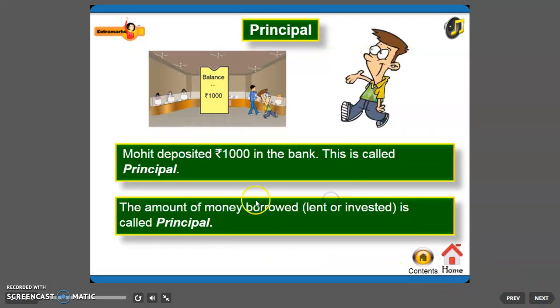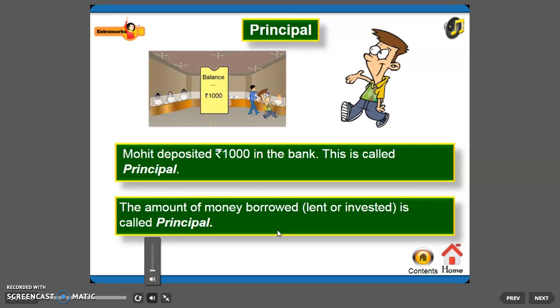So what is principal? The deposited amount is called principal. In general, I can say the amount of money borrowed. I borrow, isn't it? That amount is called principal. In some situations, I go and deposit in the bank. If I deposit, the bank is the borrower. He is getting money from me.